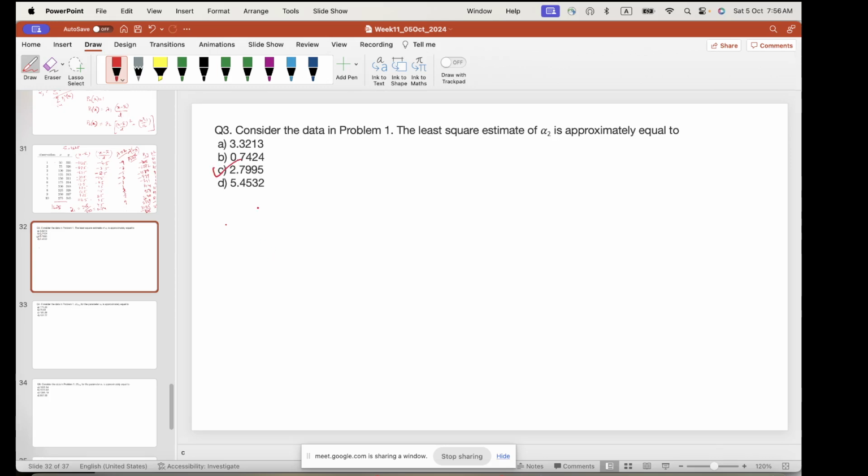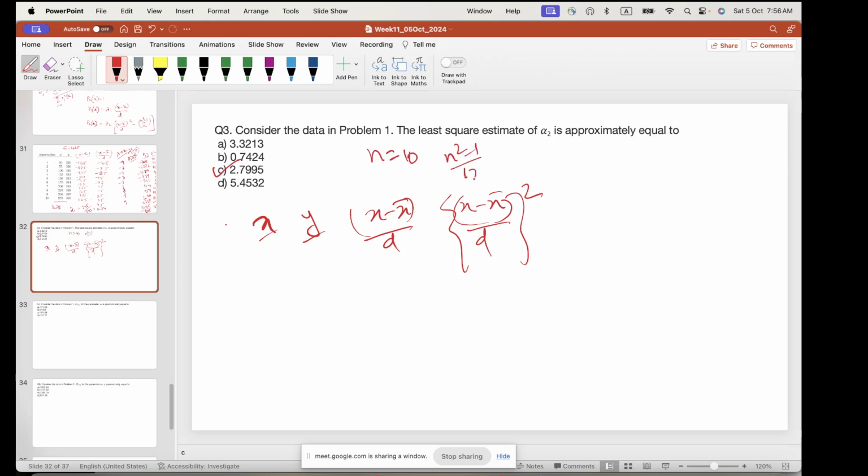Alright, so what do we have? We have x, we have y, we get (x minus x bar) by d. We take (x minus x bar) by d from previous, the whole square. n equals 10, so (n square minus 1) by 12 is actually 8.25.